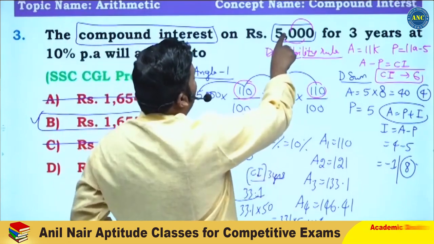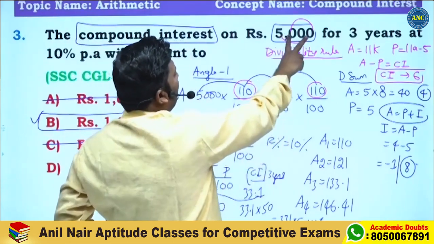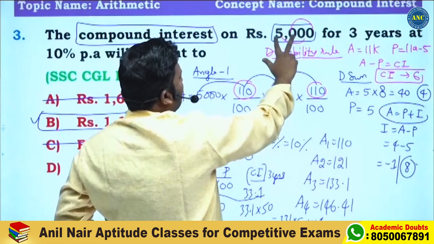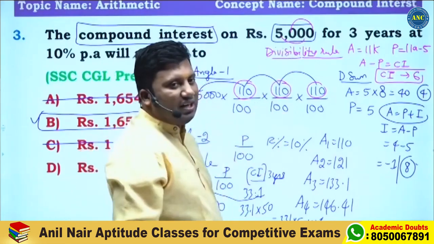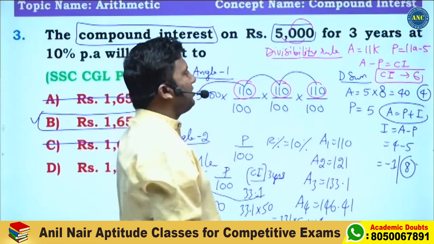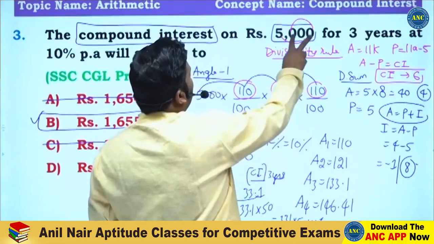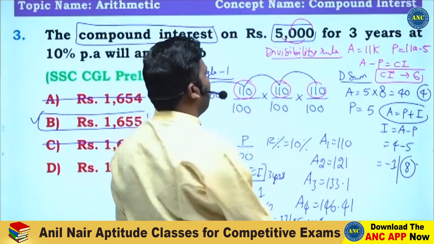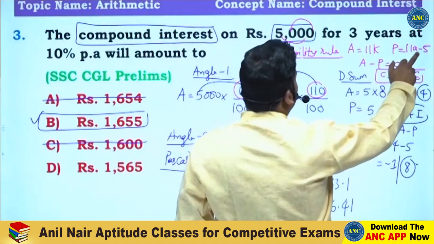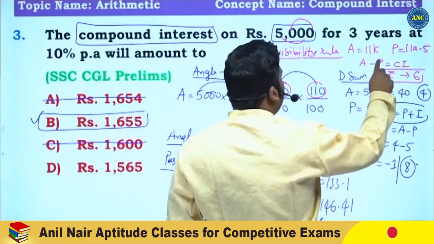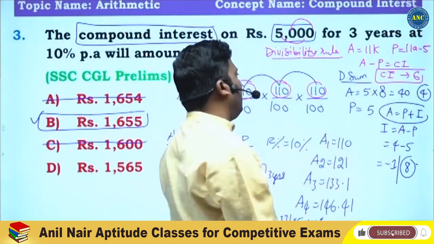What is the remainder when you divide 5000 by 11? Sum of odd places is 0, sum of even places is 5. Sum of odd places minus sum of even places: 0 minus 5, negative remainder minus 5. Amount minus principal is compound interest.